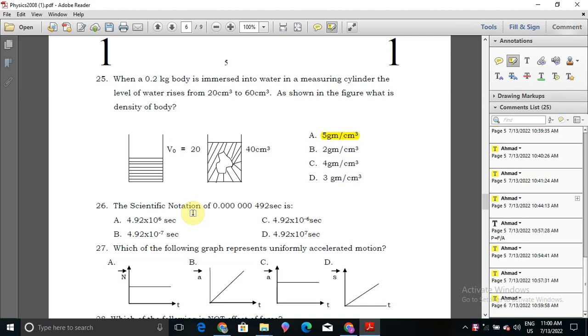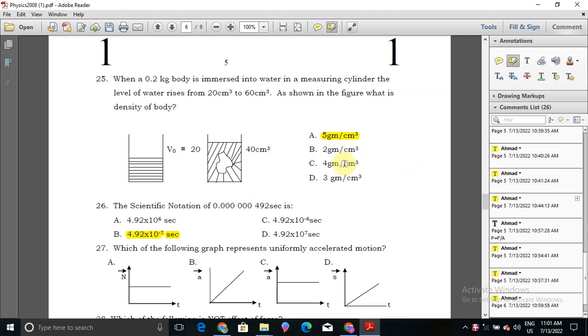First of all, we'll count the decimal places: 1, 2, 3, 4, 5, 6, 7, 8, 9. Or we can say 1, 2, 3, 4, 5, 6, 7, which will be 4.92 times 10 to the power of negative 7. So the correct answer for question number 26 is B.